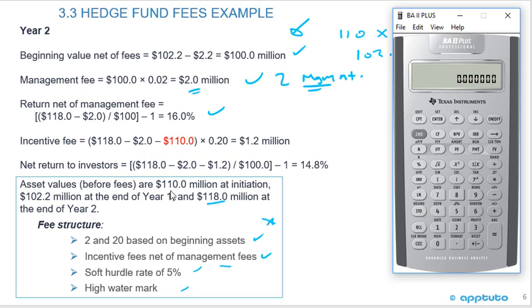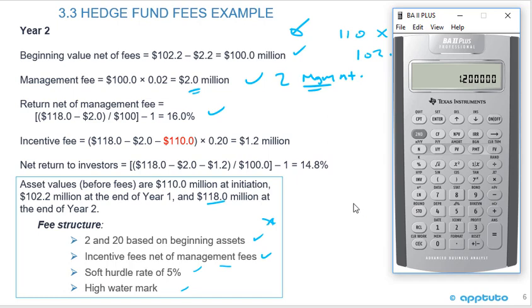Because that was the amount at initiation, because in year 1 we did not have any incentive fee. Okay, so just using the calculator, 118 million at the end of year 2 minus the 2 million year 2 management fee minus the 110 million at initiation. Okay, we're going to multiply that by the 20% incentive fee, and we have an incentive fee of 1.2 million.